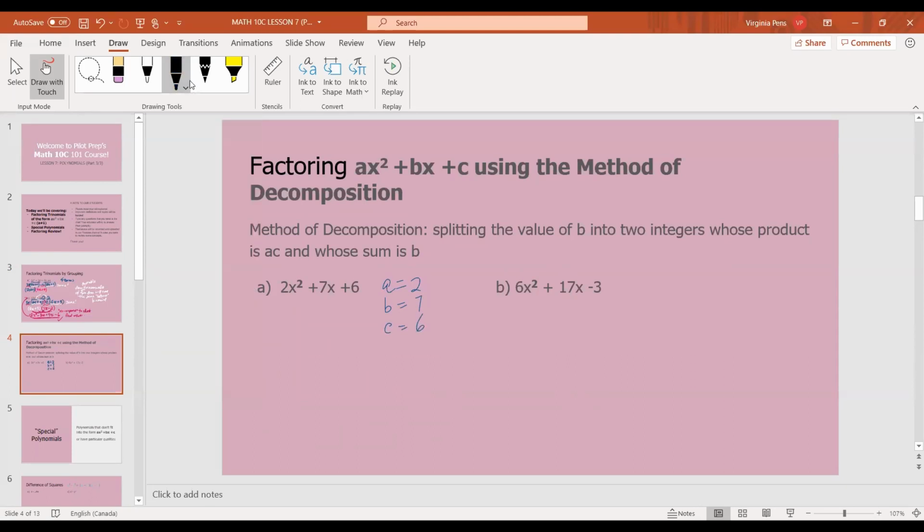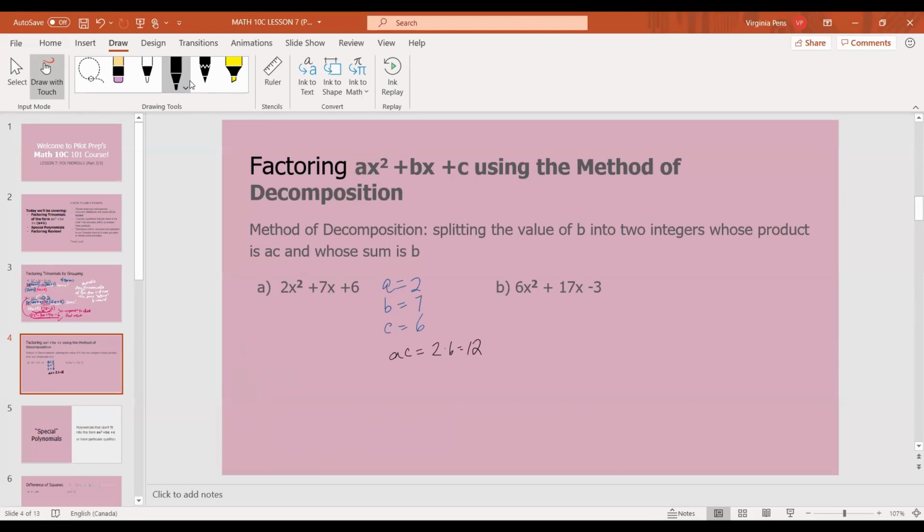What we want to do is split b, so split 7 into two integers. And what do those two integers have to do? Well, when we multiply those two integers together, they have to have a product of a times c. So in this case, what is a times c? Well, ac is 2 times 6, which is 12.